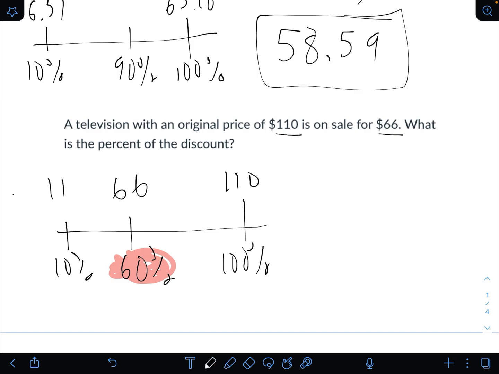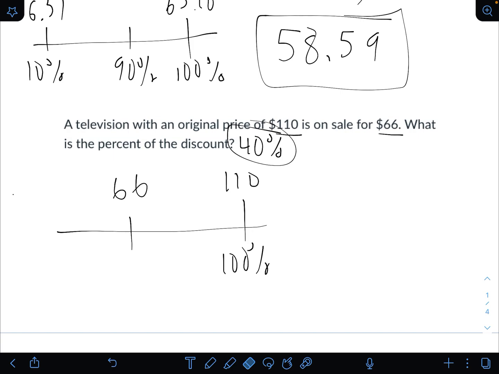So the percent of the discount would be 40%. What if you didn't want to reason that way? Which is cool. So if you didn't want to do that, let's look. This is what we have, and we don't know the missing percent.